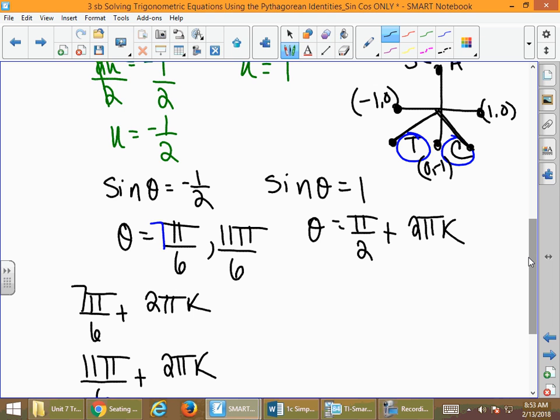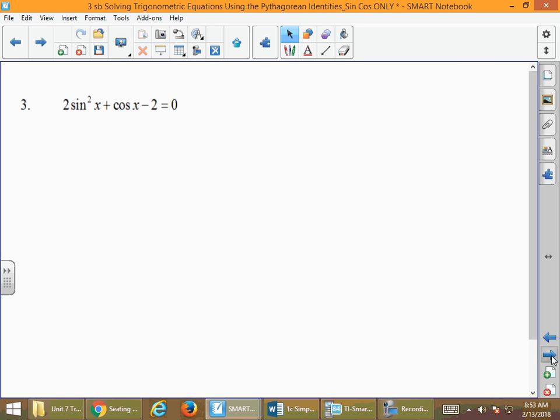So as we get ready for our last example here, we're using our Pythagorean identities. We need to write the equation in terms of one function. 2 sine squared x plus cosine of x minus 2 equals 0. Well, we've got a sine squared, which has Pythagorean identities.